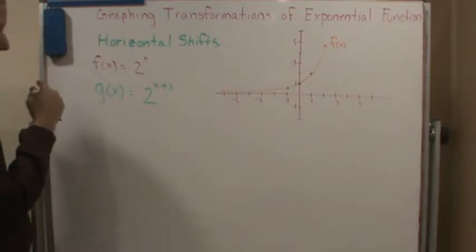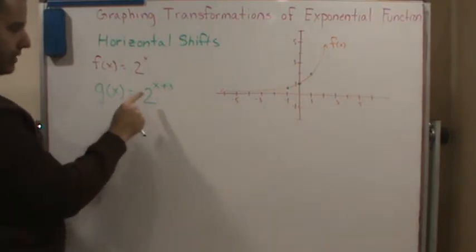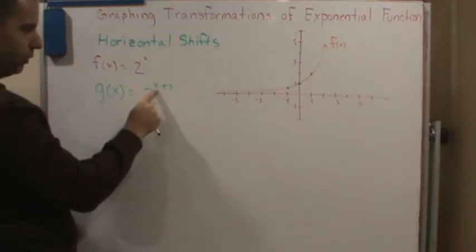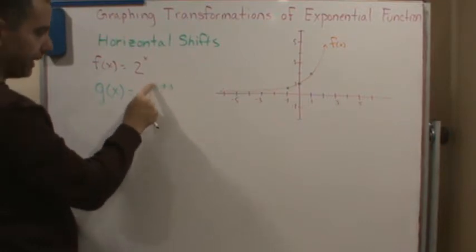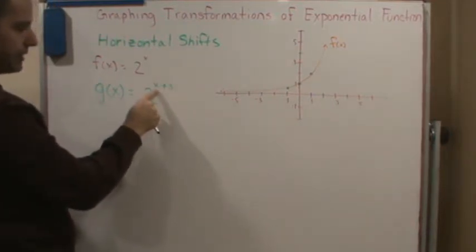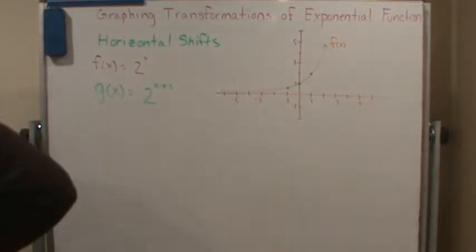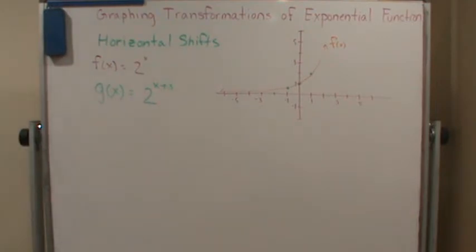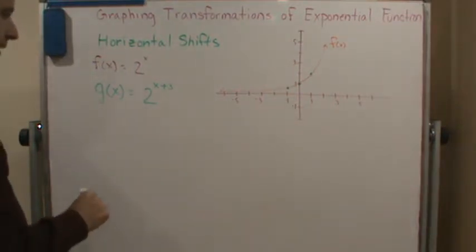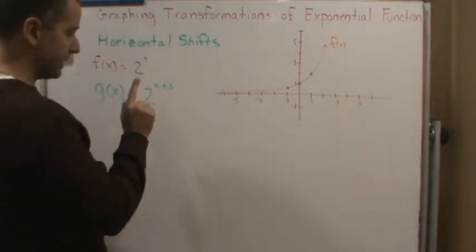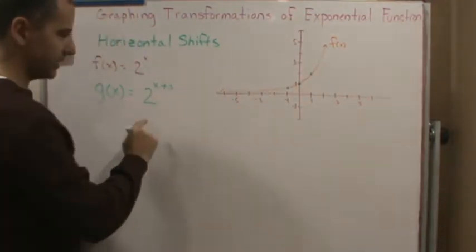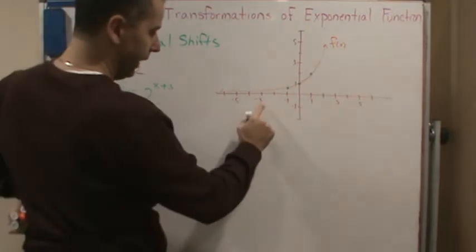In this case, my function will not equal 1 until this whole exponent equals 0. That won't happen until x equals -3. So this graph g of x will equal 1 when x is -3.